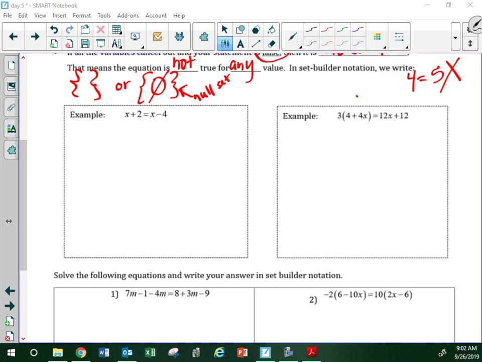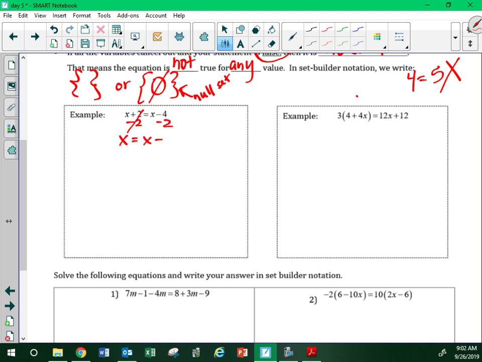So remember, we want to get the x's on one side and our numbers on the other side. So if I have x plus 2, how do I get rid of that positive 2? Subtract 2, good. You're going to subtract 2 out of negative 4. You get negative 6. So I get x equals x minus 6.